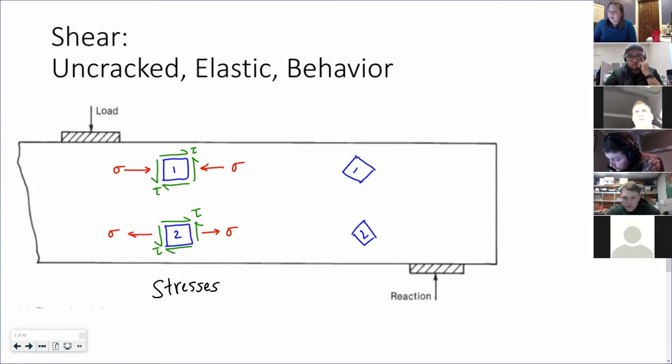From pure shear, when you rotate it 45 degrees, everything translates into either pure shear or pure normal stress, whichever way you go.